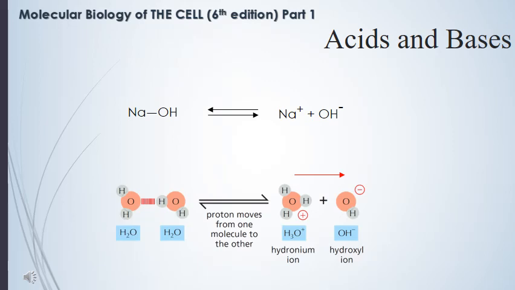And with addition of sodium hydroxide, we add hydroxyl groups, therefore skewing the ratio between hydroxyl and hydronium towards the hydroxyl. So the concentration of hydronium ions drops, therefore the pH increases. Let's remember, pH is the logarithm of the inverse of the concentration of hydronium ions.